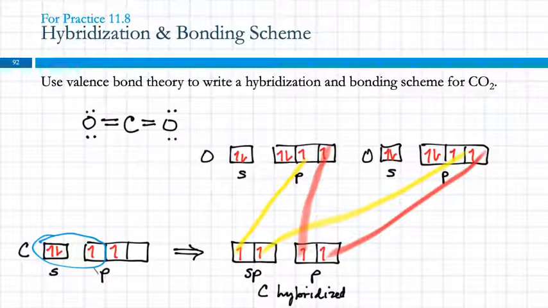The pi bonds are between carbon and oxygen, right? Between carbon and oxygen. And the orbitals being used there are p on the carbon and p on the oxygen.